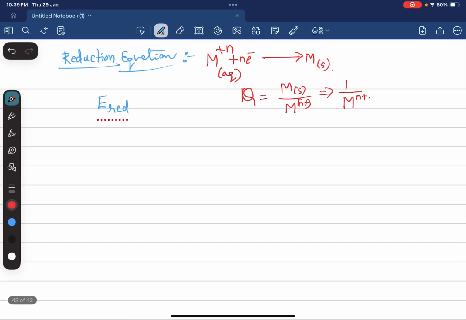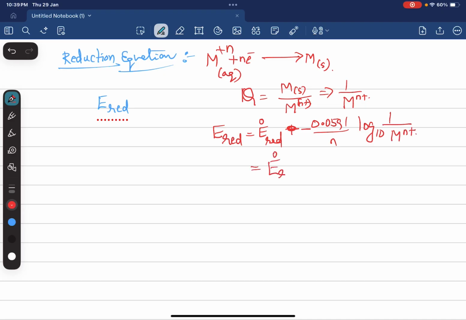So what is the resultant equation, students? E reduction equals E naught reduction minus, you can write minus only first, minus 0.0591 by n log base 10 1 by M n plus. So which can be written as E naught reduction plus 0.0591 by n log base 10 M n plus.